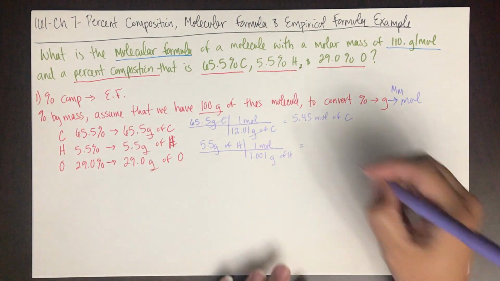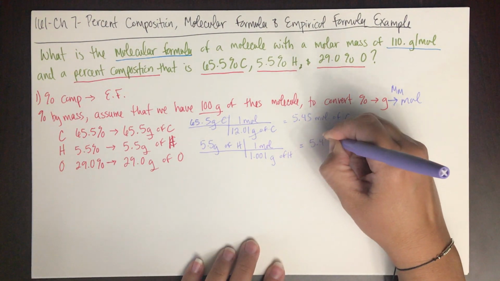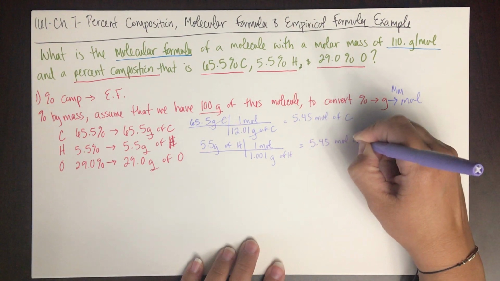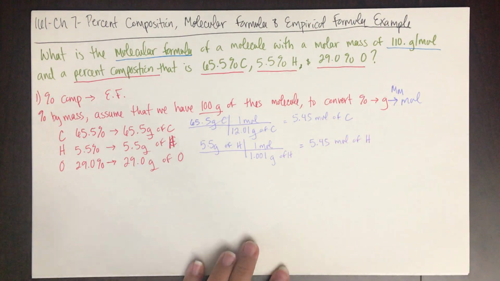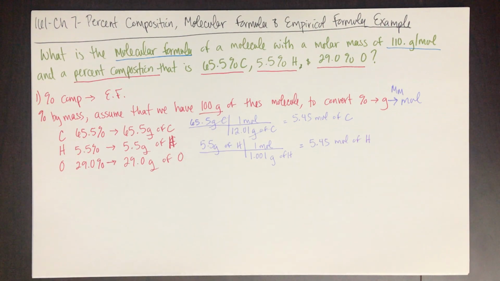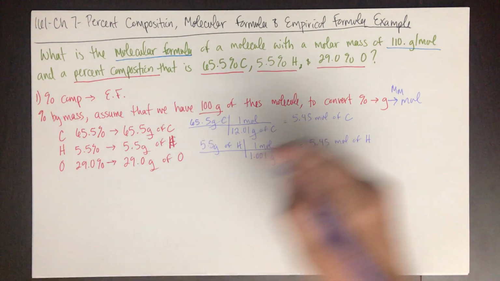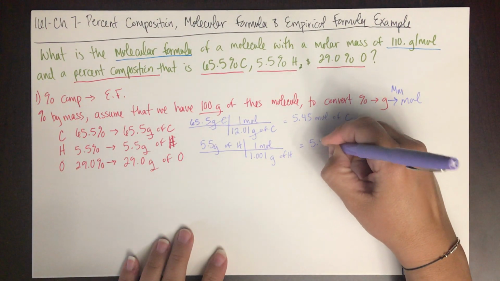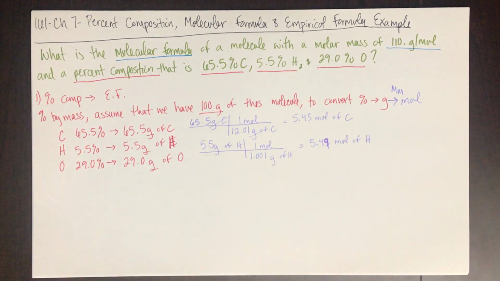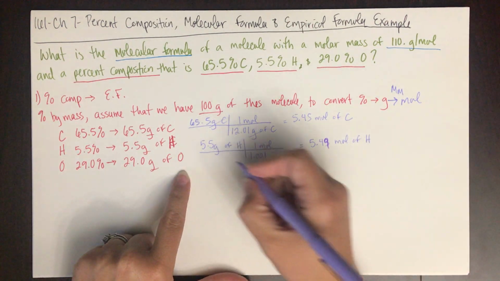So that also is going to give me about 5.45 moles of hydrogen. Sorry, let me make sure. It might be a little different. 5.5 divided by 1.001 is 5.49-ish. 5.49. Okay, so now I'm going to do the same thing for oxygen.